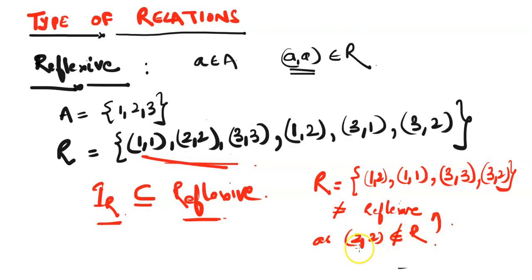If 2, 2 was also part of R, then it would have been a reflexive relationship. Good. So you understood what reflexive is, what identity is, and the relationship between identity and reflexive relationships.